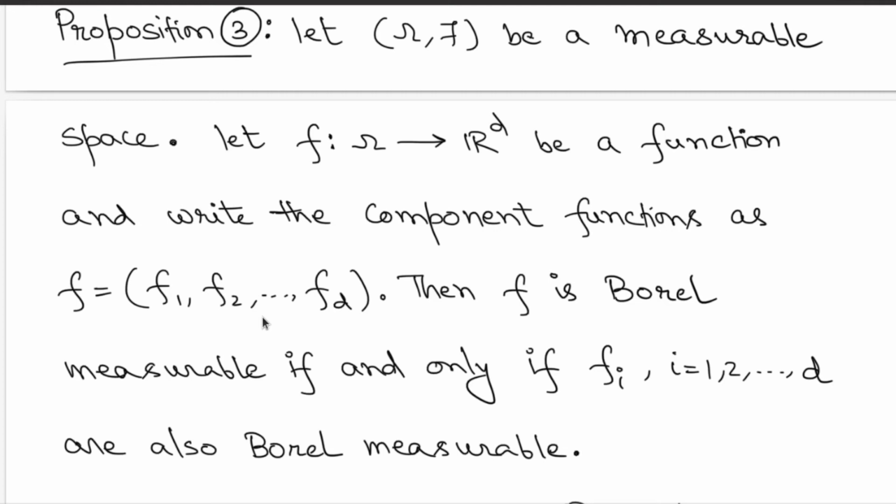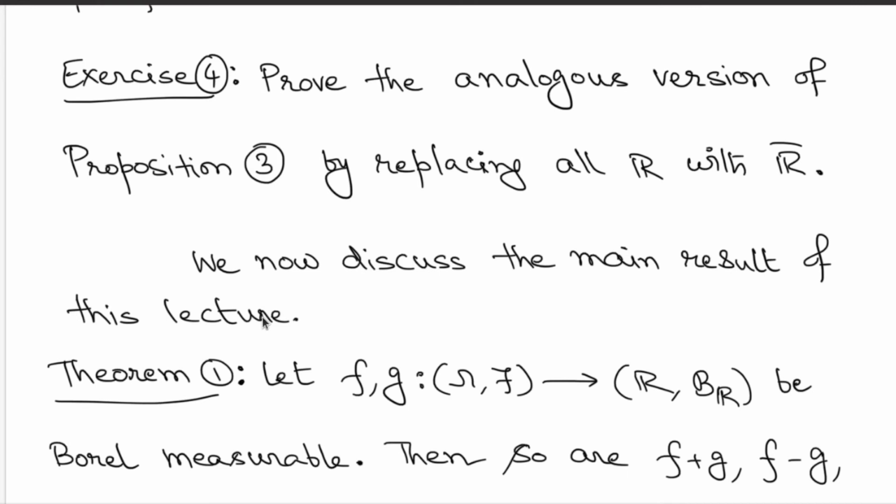Okay, so with that result at hand, we are now going to proceed towards certain interesting observations. But first, in exercise 4, we mentioned that all these results that are discussed for the real valued functions or R^d valued functions can be extended with the extended real line as the range side. Okay, but this we are not going to use too much.